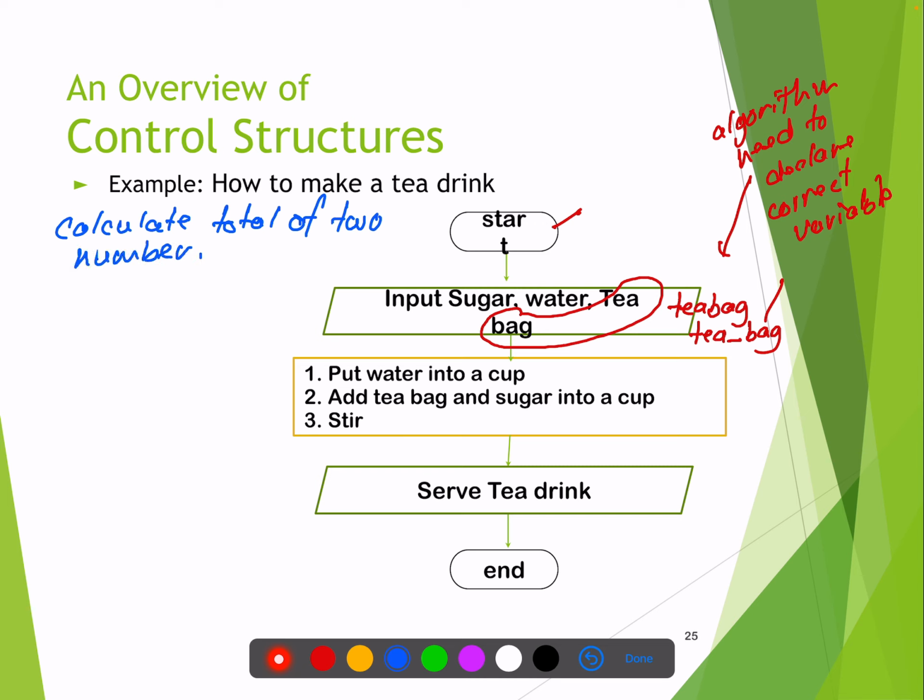Firstly, as usual, we need to know the input, process, and output. The output is total. The input is two numbers, so number 1 and number 2. What is the process? The process is to calculate the total.